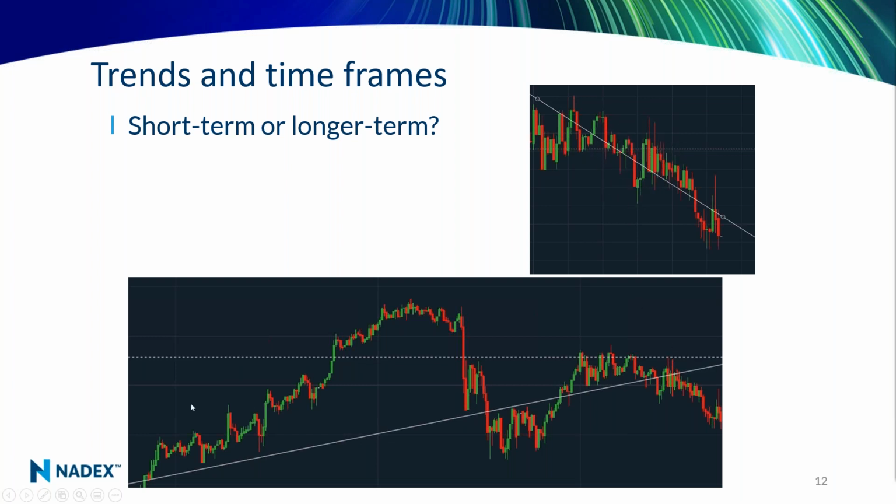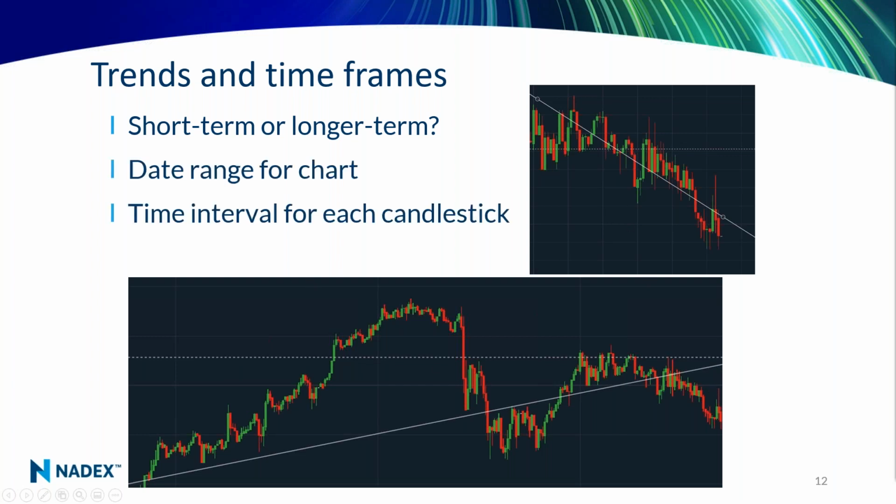And it's not just the period of my chart. As I mentioned, it's also going to be the date range for the chart, but the time interval for each candlestick. So you're going to have to make those determinations. Do I want to look at 1 minute candlesticks and look at the last 3 hours? Do I want to look at 15-minute candlesticks and look at the last 3 days?